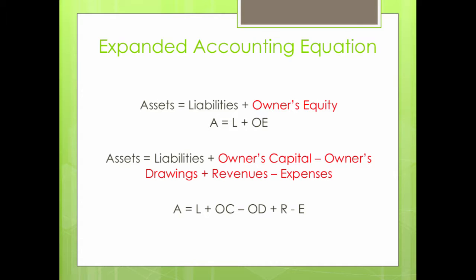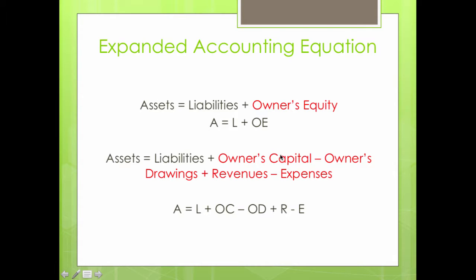We also have the expanded accounting equation, and the extra components of the accounting equation come from owner's equity. Notice the parts of the equation that are in the color red. The level of owner's equity will depend on the financial health of your business, which consists of the components of the expanded accounting equation that are in the color red.